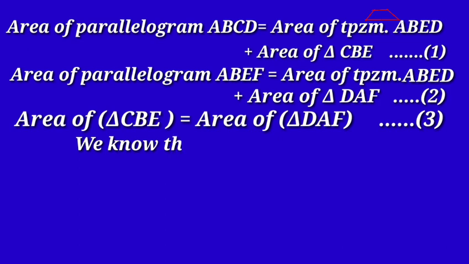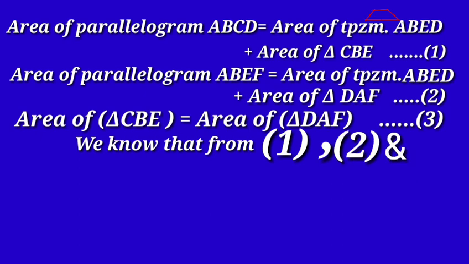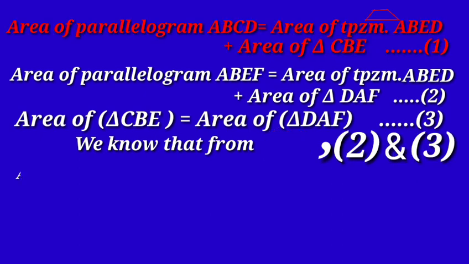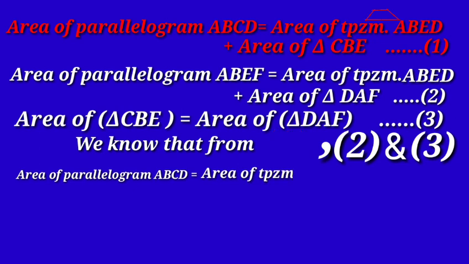We know this from equations 1, 2 and 3. From equation 1, area of parallelogram ABCD is equal to area of trapezium ABED plus area of triangle CBE.